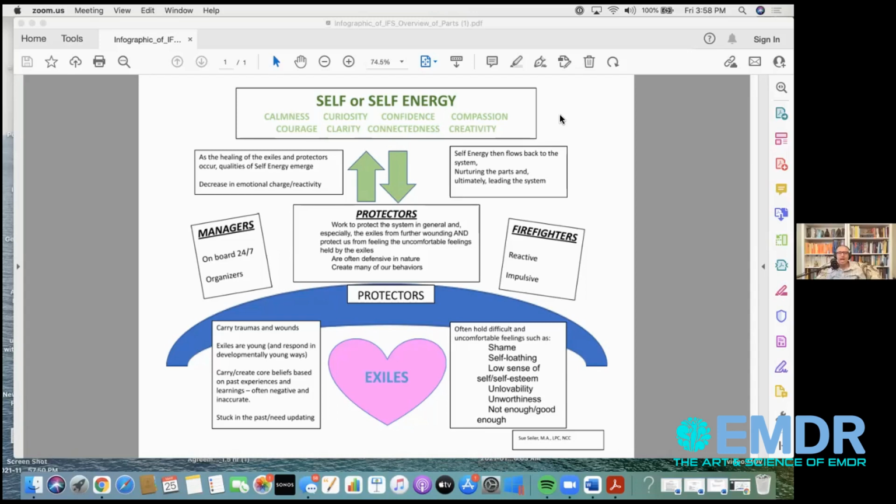And they can activate our own parts. Is that right? Yes, very much so. So what would you recommend for us therapists who work with challenging clients who have firefighters and managers who work extra time, to help us work better with our clients?